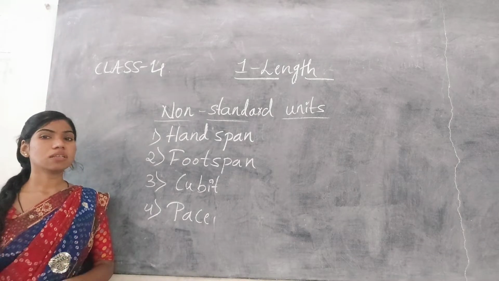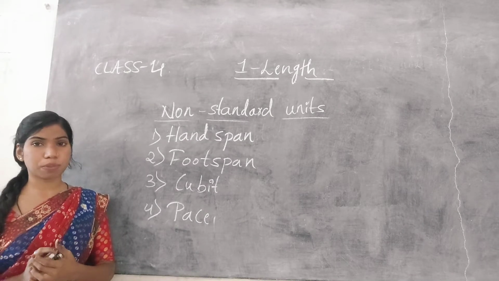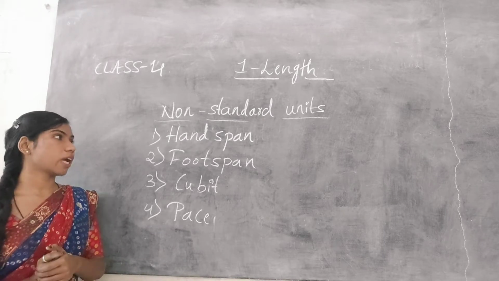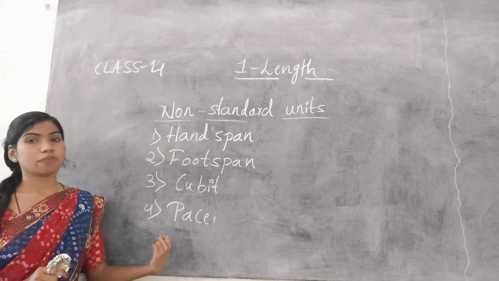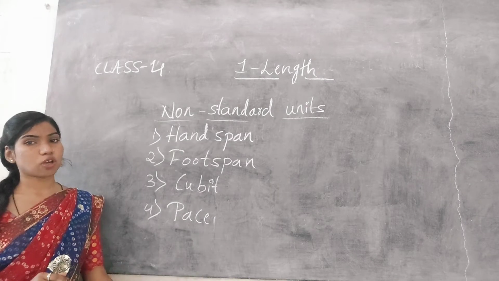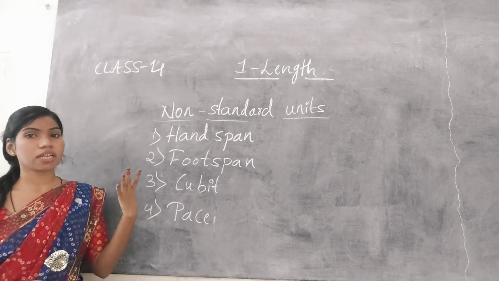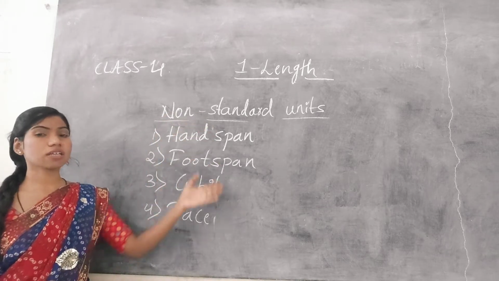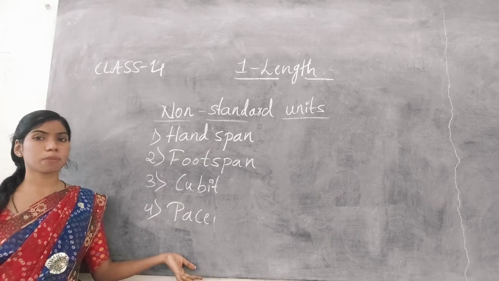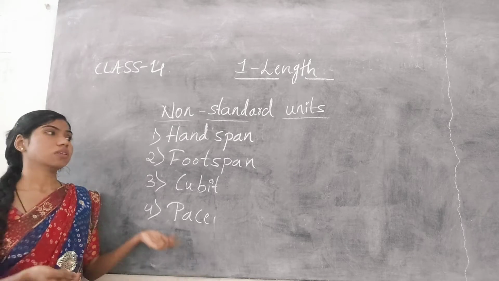Some people are very tall and some are short, some people are fat and some are thin.